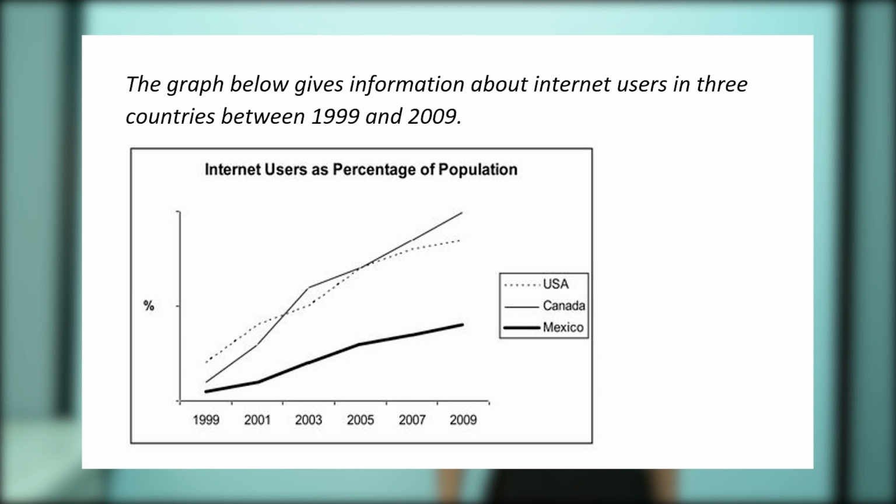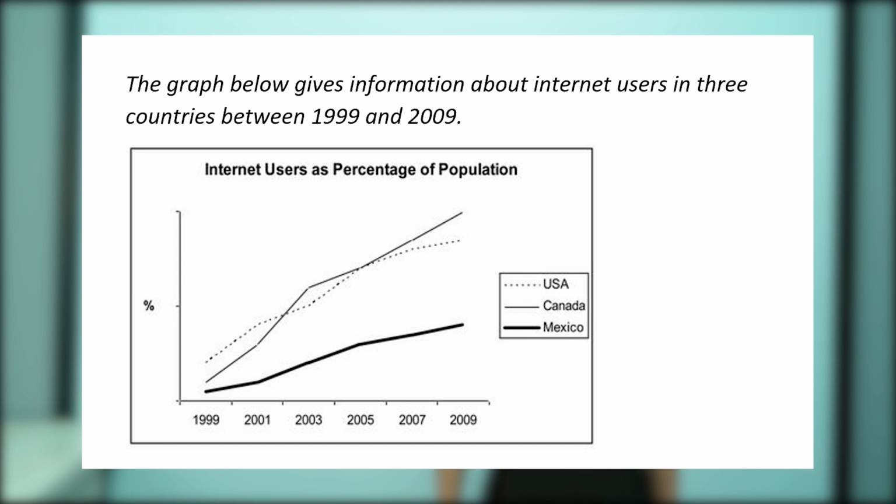Okay, as you can see, in our line graph here, we are given 3 lines. All lines were explained in a small table. So for example, these points mean the USA, the straight line, call it Canada, and also Mexico, bold line.